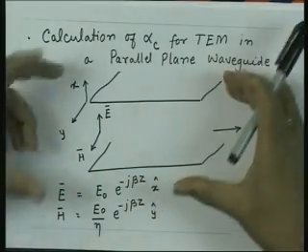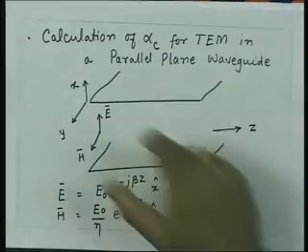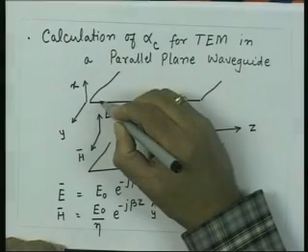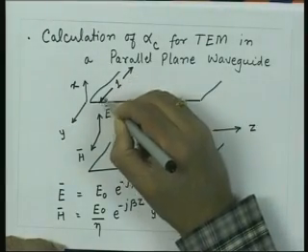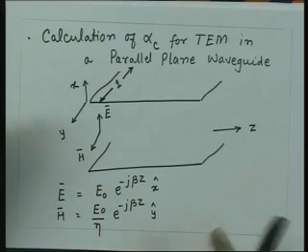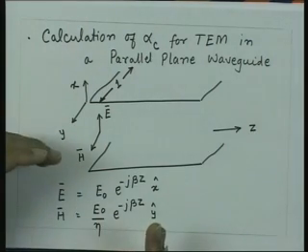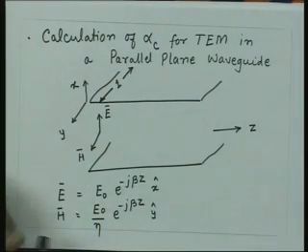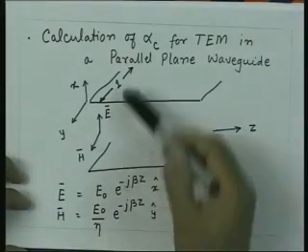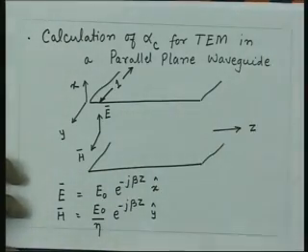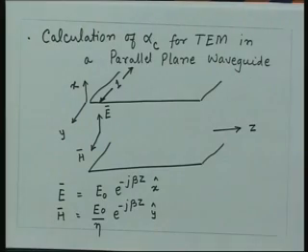So, I can say that if I take a piece of this waveguide which is of unit width in y direction, what is the power loss in the unit width of the waveguide, what is the power carried by unit width of the waveguide, and then from there I can calculate the attenuation constant of the waveguide.